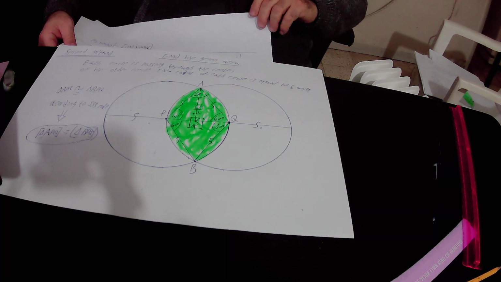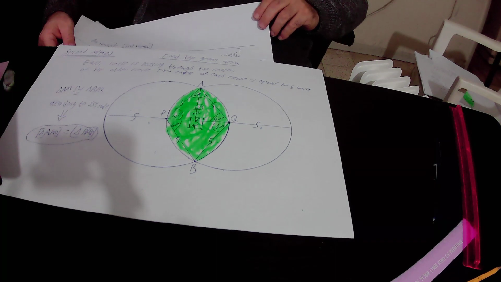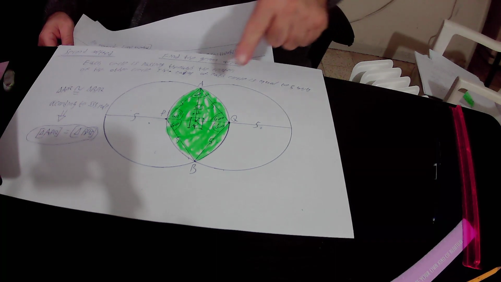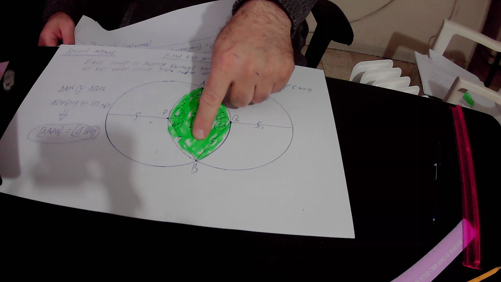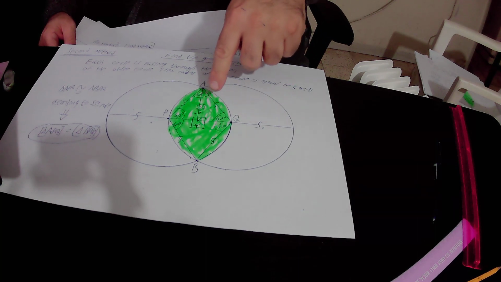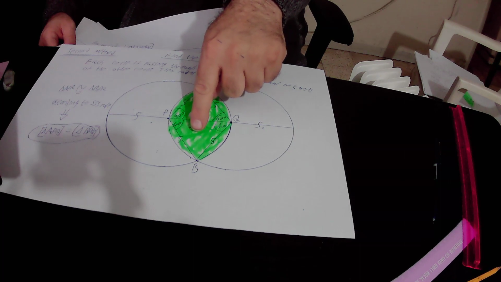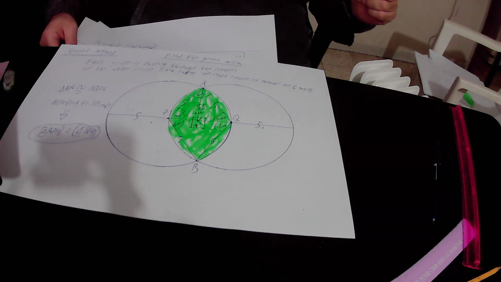Then, what is the area of the green shape? The area of those two triangles will be equal to the area of triangle AQP times 2, because the areas of those two triangles are equal to each other.